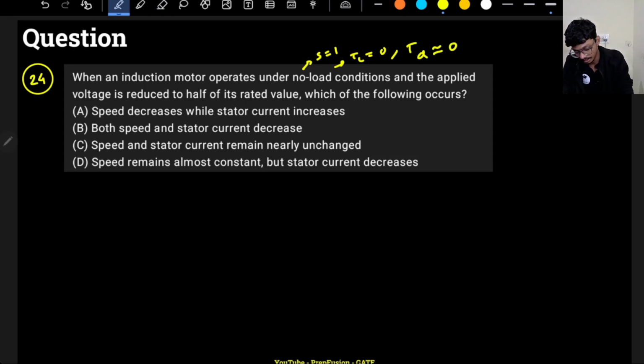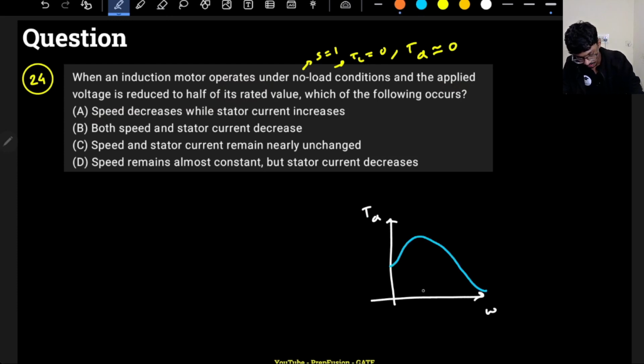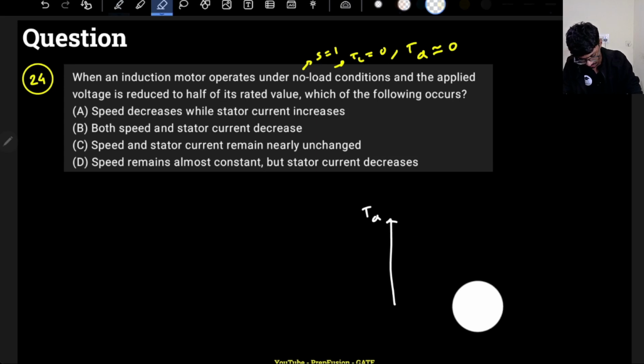So now they are telling me I am halving the applied voltage of the rated value, then what will happen? Will the speed increase, decrease? Will the current increase, decrease? What will happen? So first thing you have to keep in mind, I am operating in high speed region and the load torque is 0. If it is operating in no load, then the stable point, this is my torque speed graph, and I am lying somewhere around here, okay, the graph is not that great.